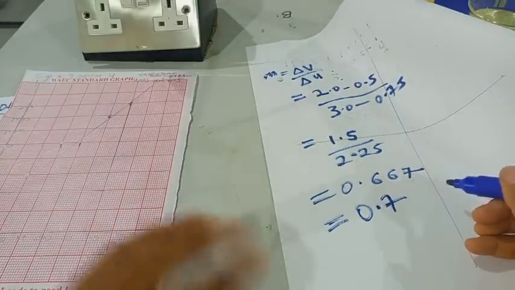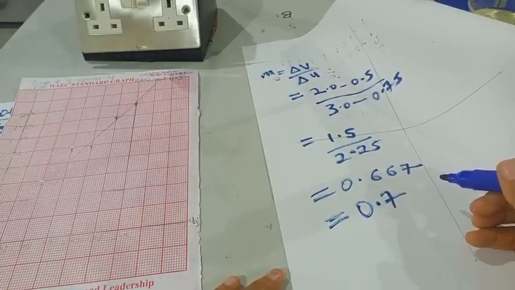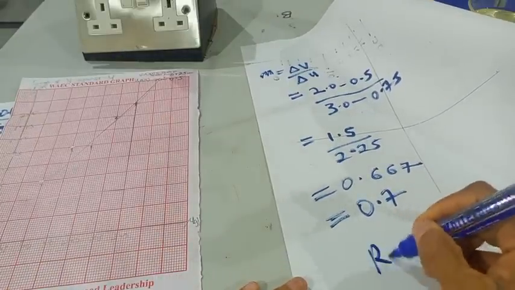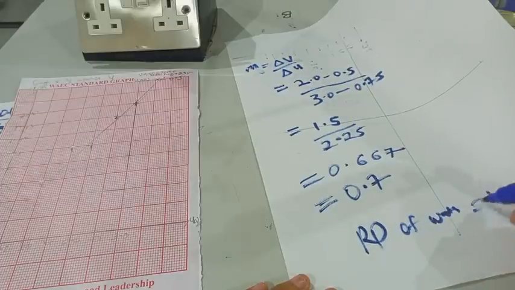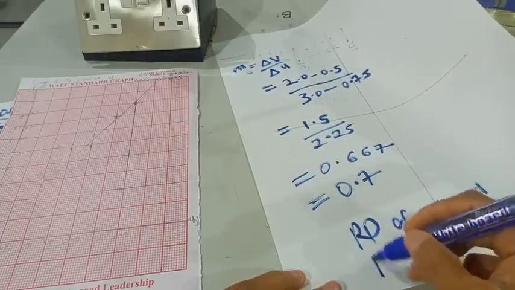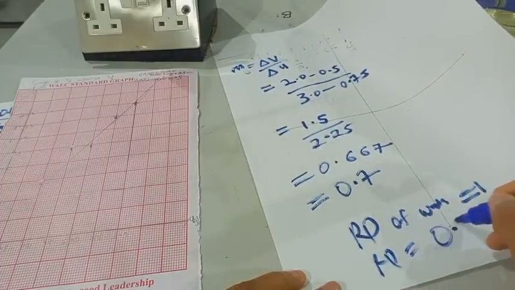And if you compare this with the theory, the relative density of water, we know is 1. Now, relative density of kerosene is 0.8.